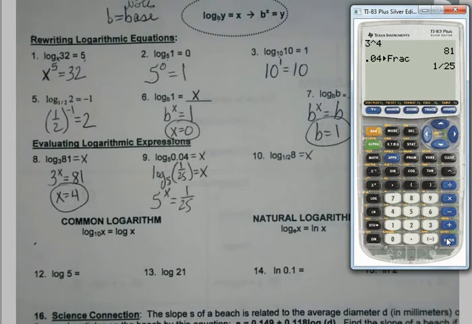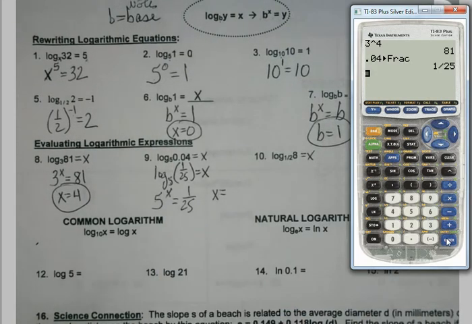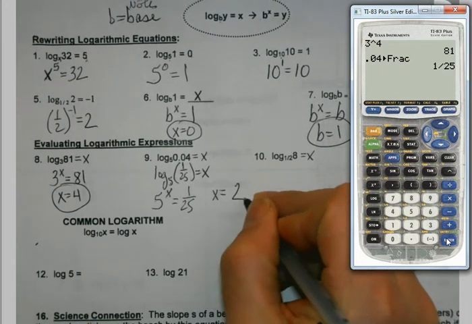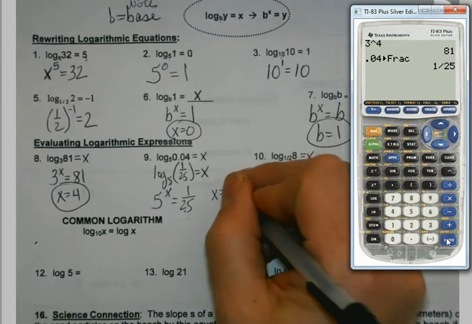Kind of. Let's think about what we were doing up top a couple of times, and let's make life a little simpler on ourselves. 5 to what power is 25? 2. Okay. But this doesn't say 25, it says 1 over 25.